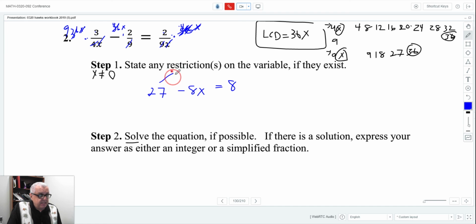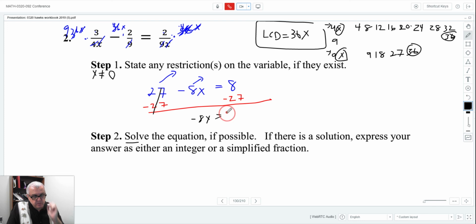I need to isolate x. I need to get the 27 over to the other side. First, you do add and subtract, so I'm going to subtract 27, since it's a positive 27. So I'm left with negative 8x equals 8 minus 27, which is negative 19.